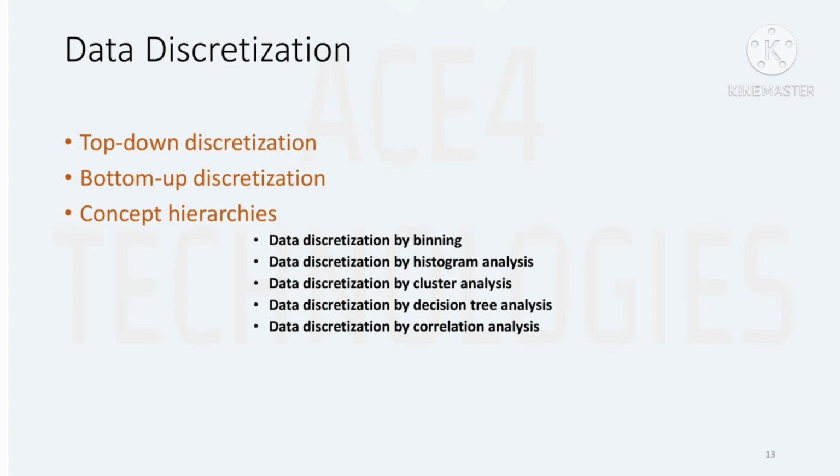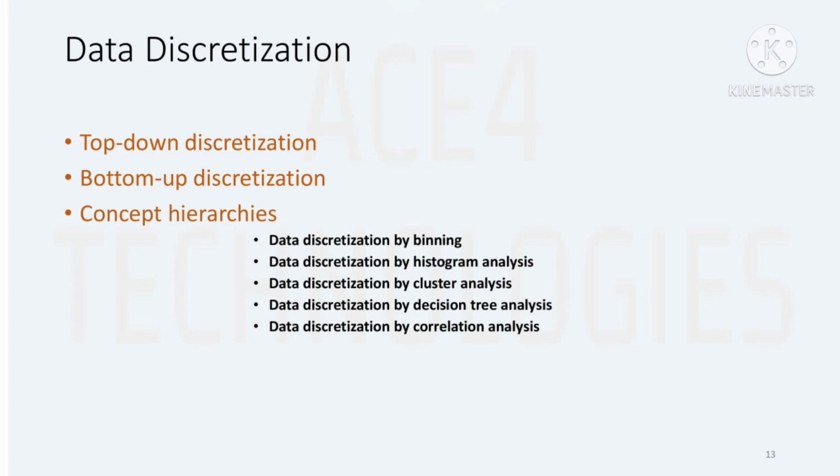The fourth one is data discretization by decision tree analysis. Here a decision tree employs a top-down splitting approach. It is again a supervised method. To discretize a numeric attribute, the method selects the value of the attribute that has minimum entropy as a split point and recursively partitions the resulting intervals to arrive at a hierarchical discretization.